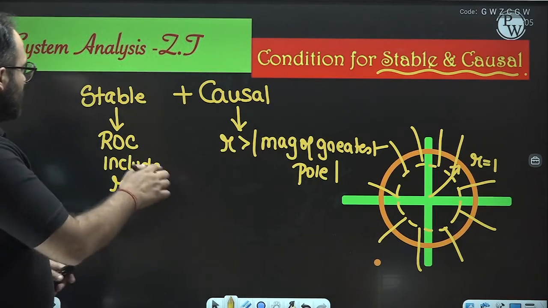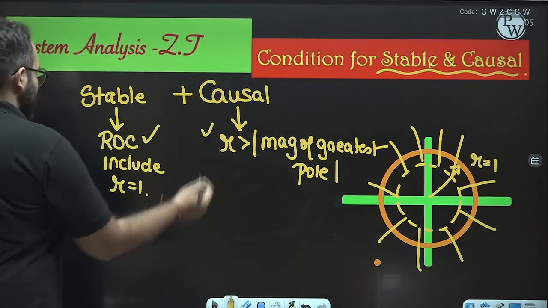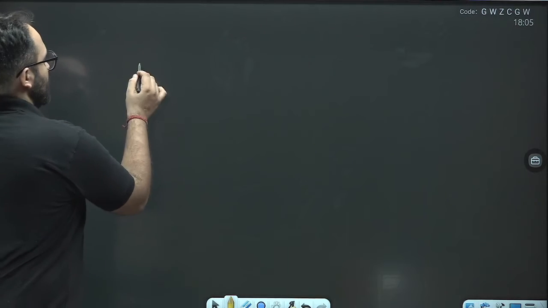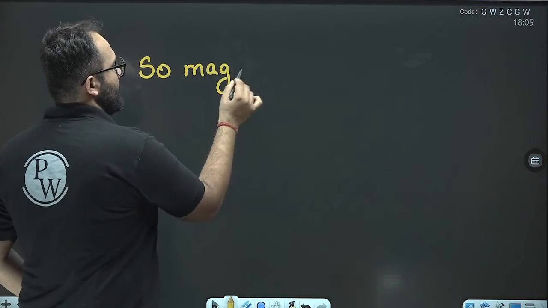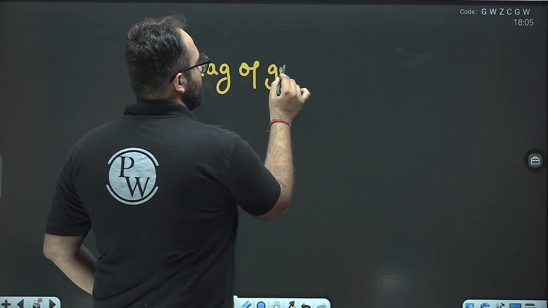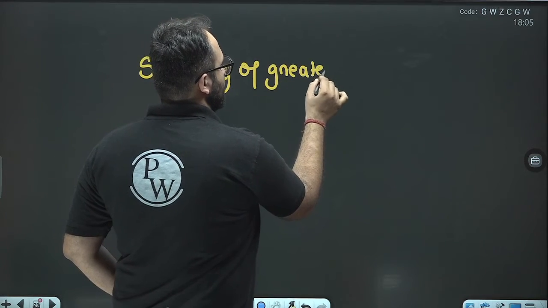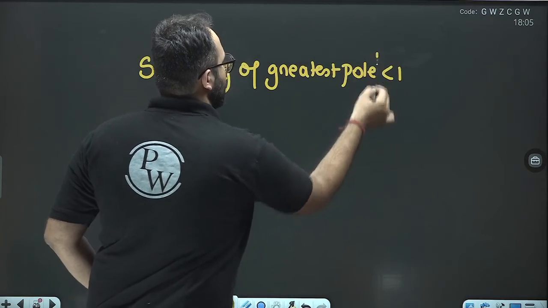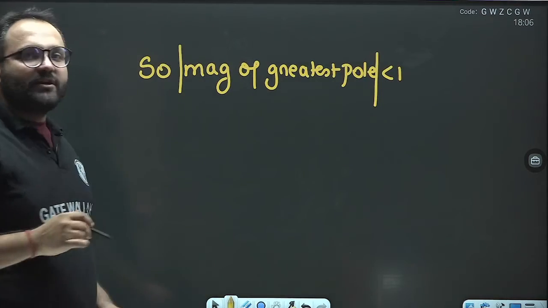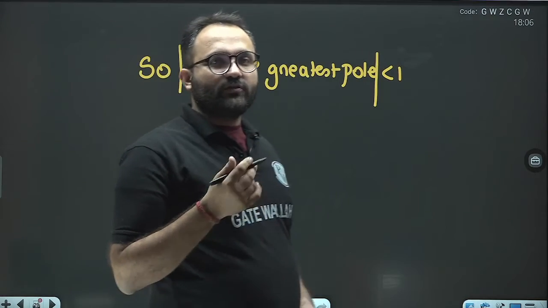Okay, then only these two conditions can exist together. This is the condition for stable and causal together.